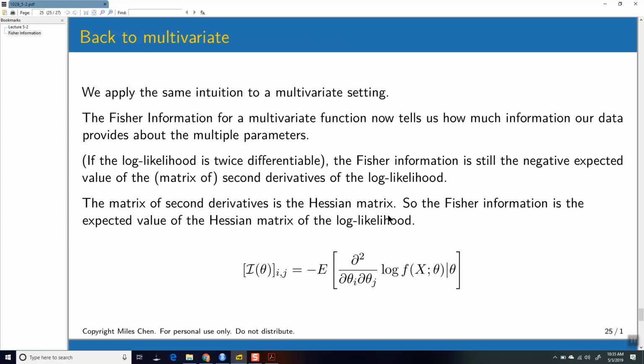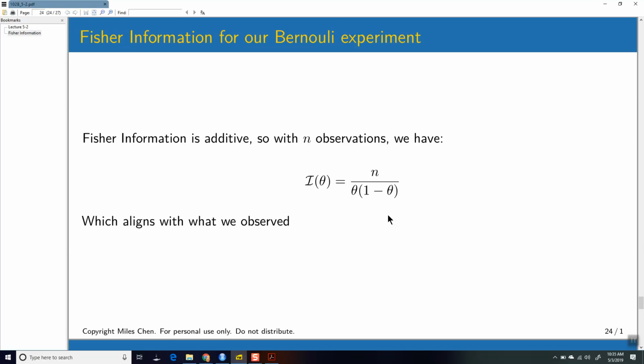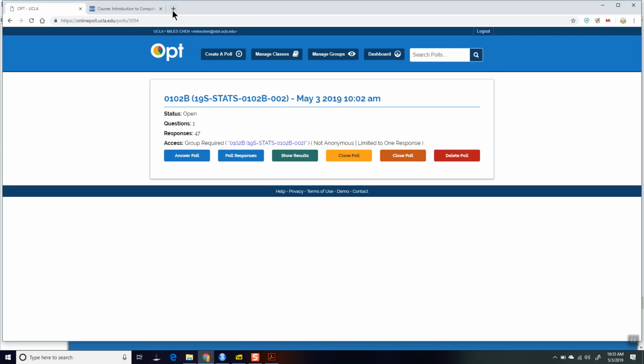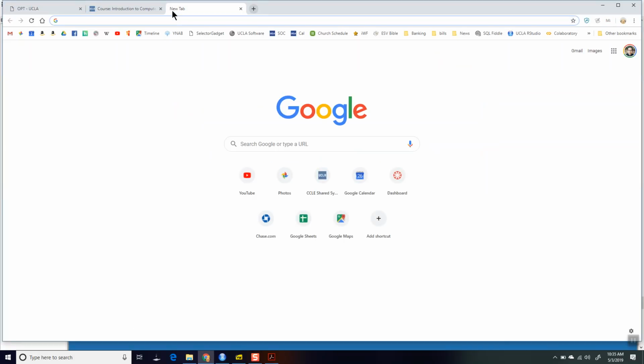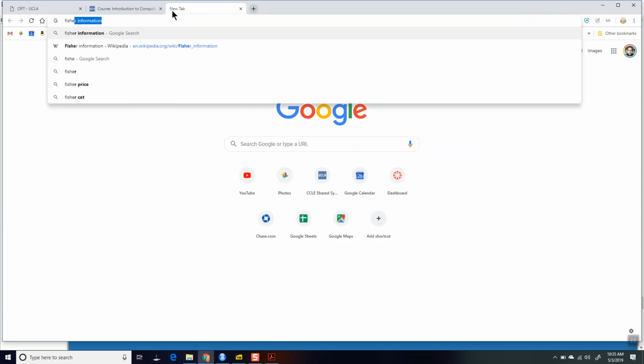Question? There's another definition which involves the first derivative. How can you justify the curviness using the first derivative? How can I justify this with the first derivative? Let's go to Wikipedia.